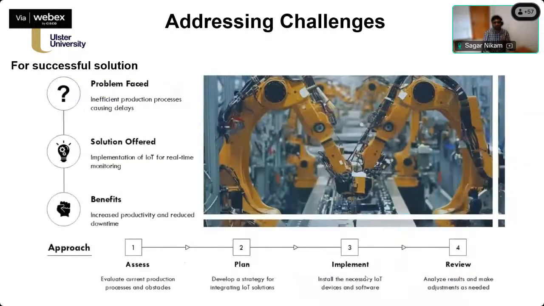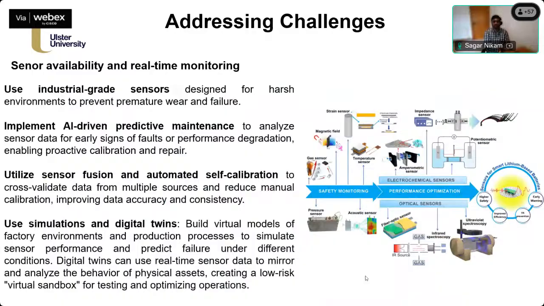For example, if sensors are not available to predict residual stresses, we can build a simulation or digital twin that can help to predict the residual stresses in real time. All right, so this is how we can address the challenges where the sensor is not available.